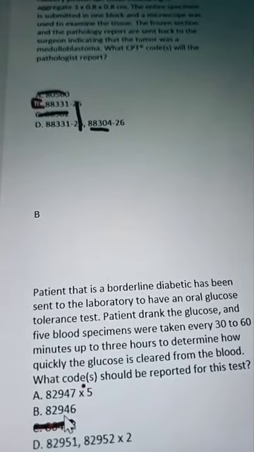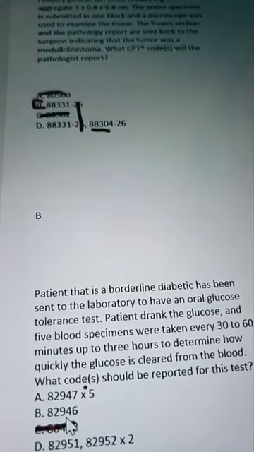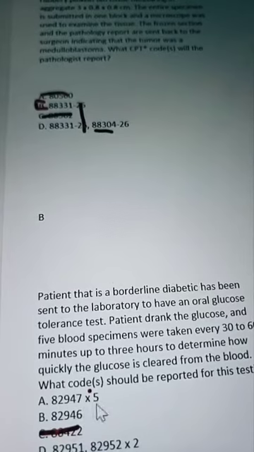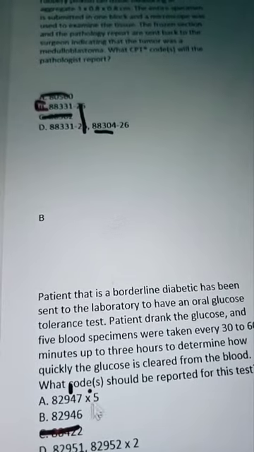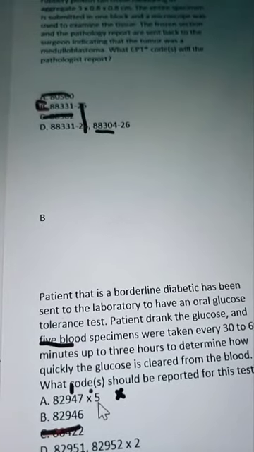So we do 47 times 5. That would make 6 specimens, right? Because you get credit for this one. So if you were going to do 5 specimens with a times anything, it would have to be times 4, right?